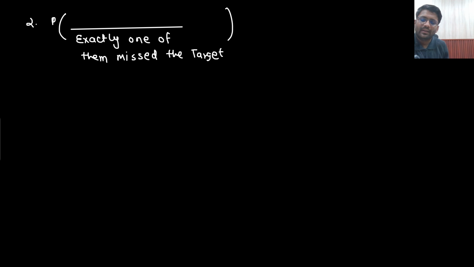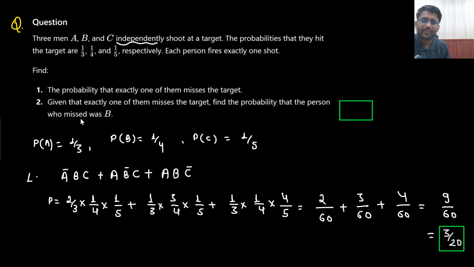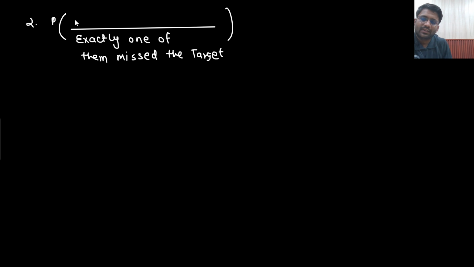Then find the probability that the guy who missed the target was B.